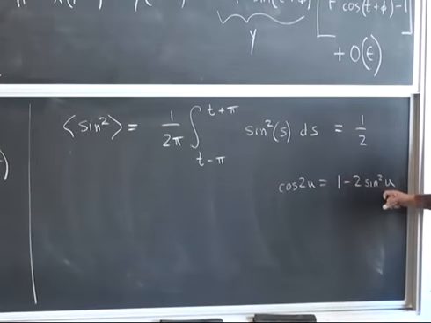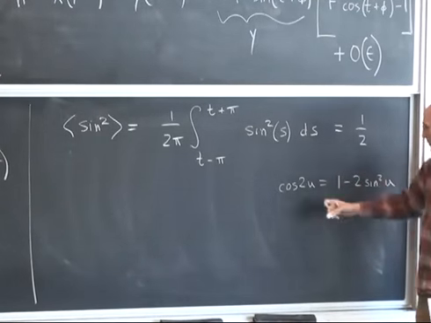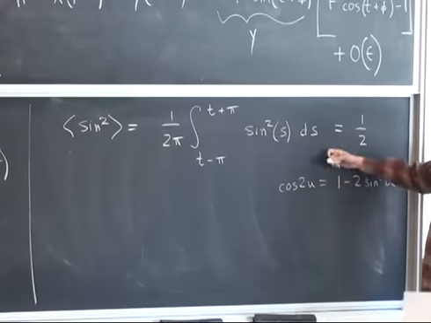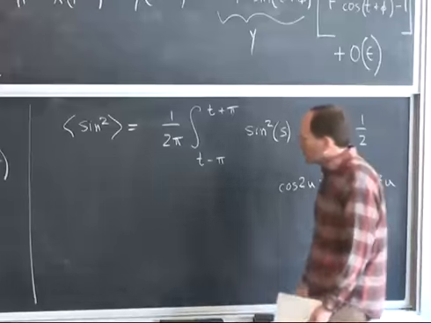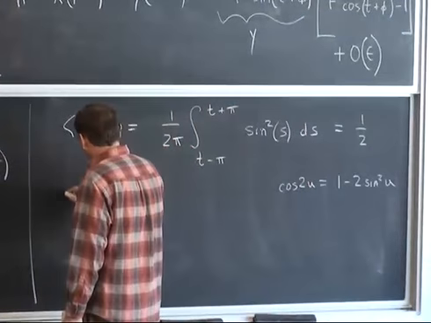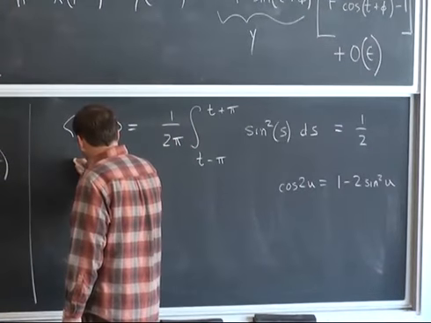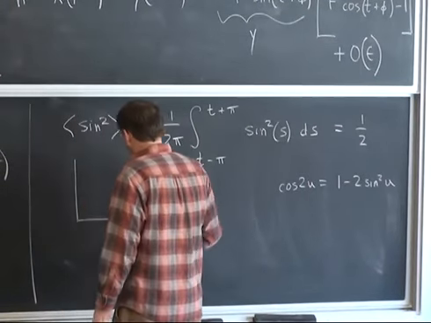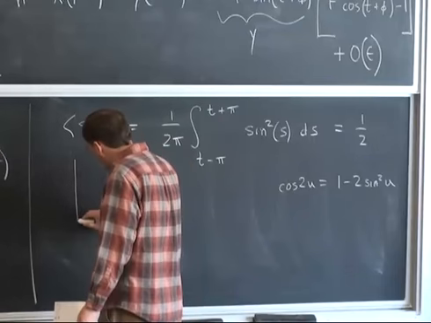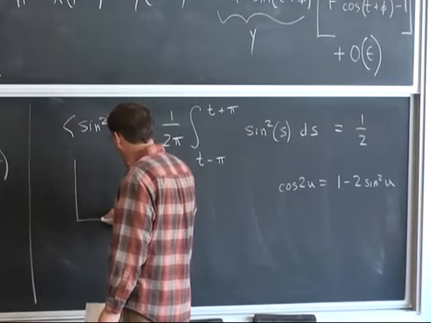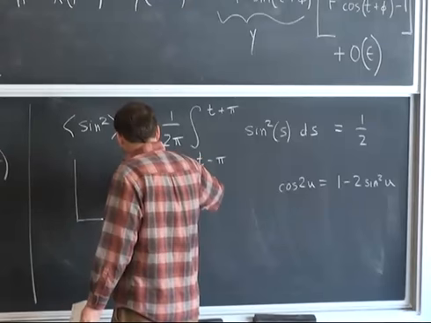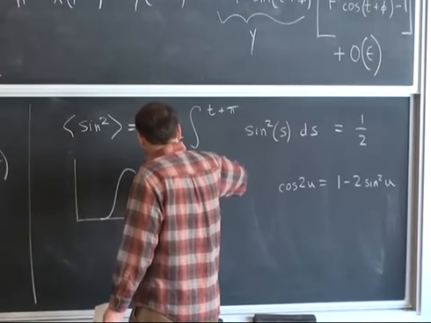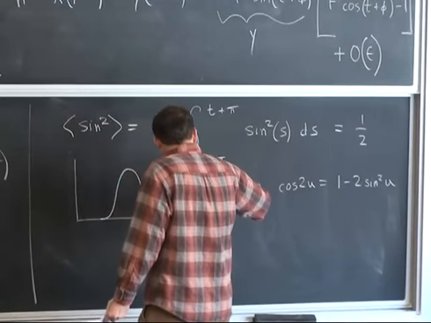And then you could replace the sine squared with (1 minus cosine 2u)/2 and brutally calculate the integral, and you'll get 1/2. But there's a reason it's a half. And the reason is, draw the picture. What does sine squared look like? Let's suppose we started it at a place where it's 0. Sine squared is a function that's never negative, and it just goes like this.